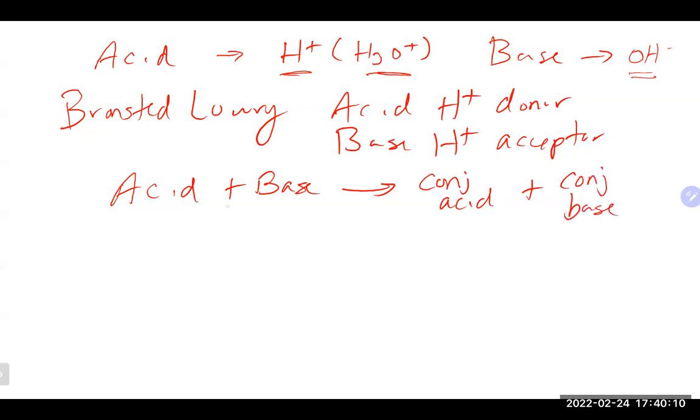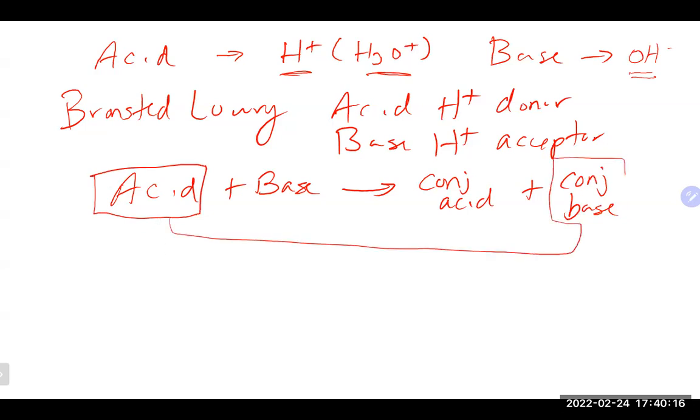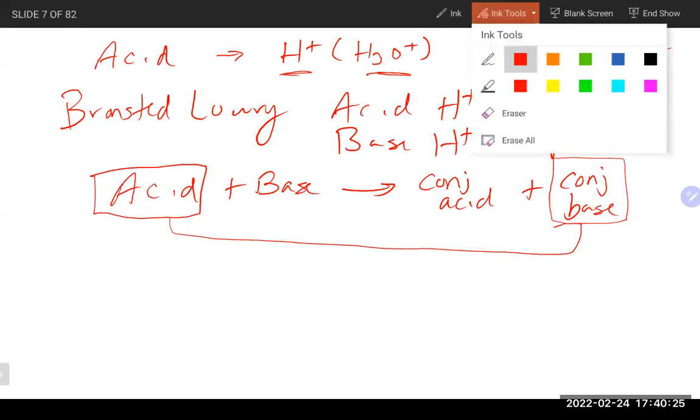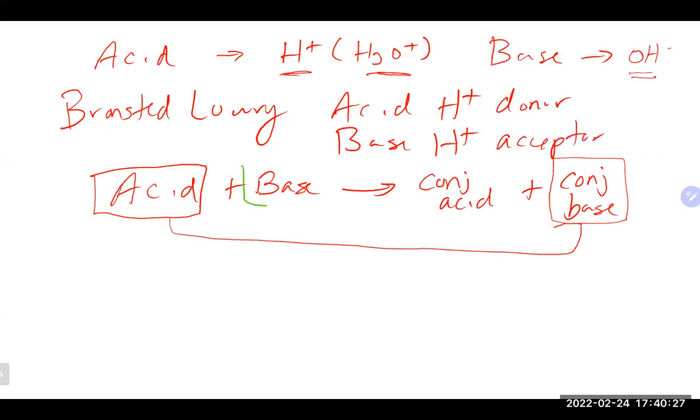The acid on the left-hand side, its partner on the right-hand side is the conjugate base. And the base on the left-hand side, its partner on the right-hand side is the conjugate acid.